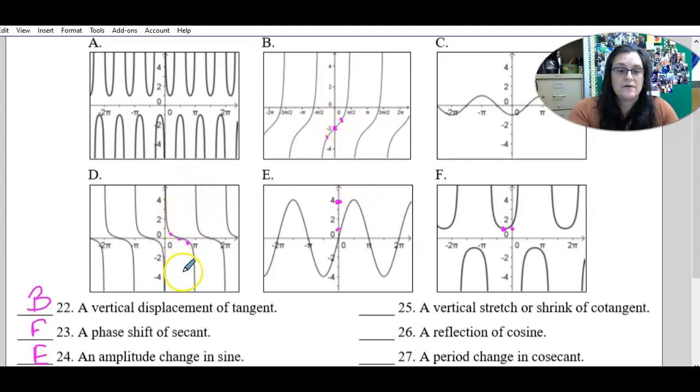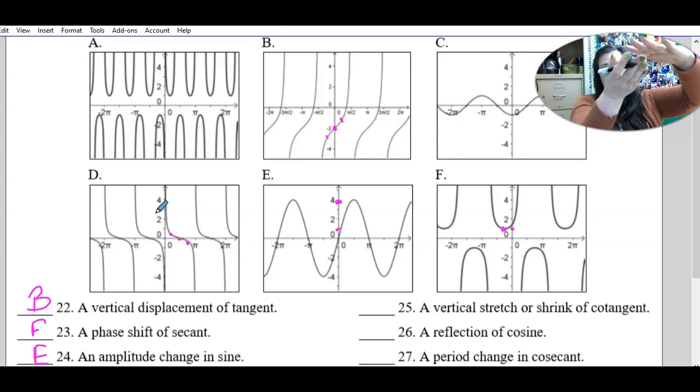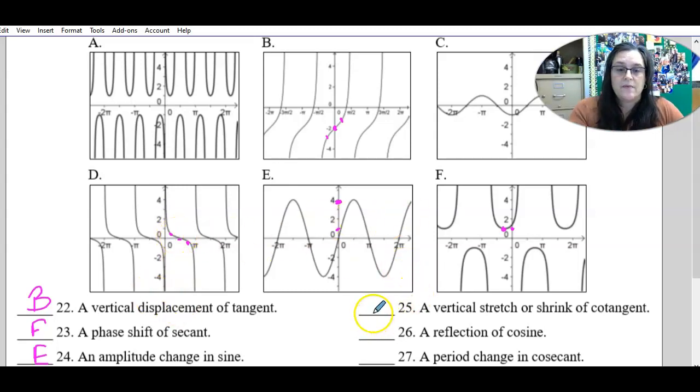So the stretch or shrink here, we can see, since it got wider in the middle, is actually a shrink. It's compressing towards the x-axis. So those y values have shrunk down closer to the midline. So that would be graph D for number 25.